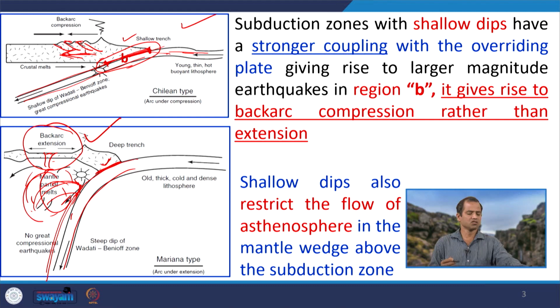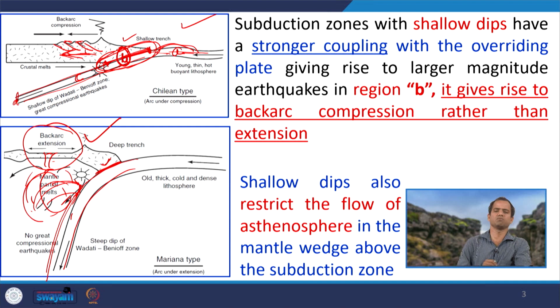Due to this high degree of interaction, more stress is accumulated here. So, that is why the earthquake which is generating at B, that is the B region. If you remember our earlier class when talking about subduction zone tectonics, this was zone A, which was the flexural bending, then this is zone B, which is due to thrusting, this is zone C where the double Benioff zone is getting formed due to dehydration, and here this is zone D due to phase changes.